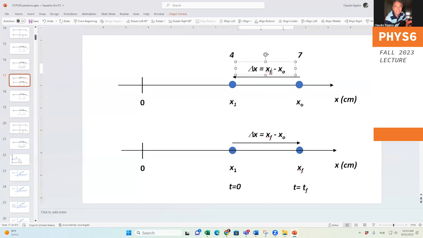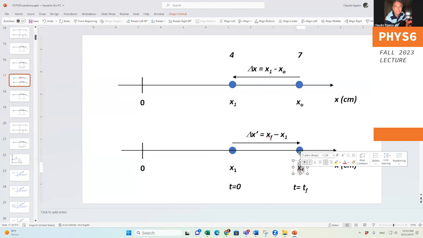Here I'm going to write delta x is x1 minus x naught, and then this is going to be delta x prime because it's a different displacement. Okay, x final minus x1, right? Note, see that x final coincides with x naught.